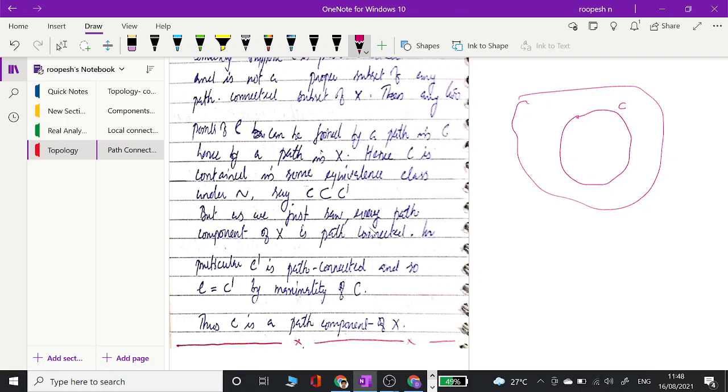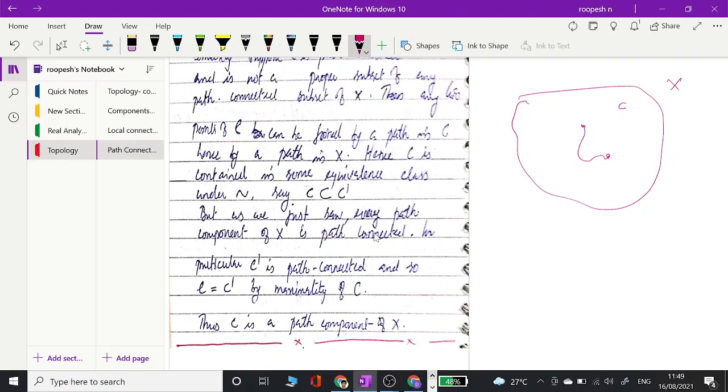Now we have assumed that C is path connected and C is maximal with respect to the property of path connectedness. Now if you take any two points, evidently there should exist a path in C. A path in C evidently also lies in your X, right?